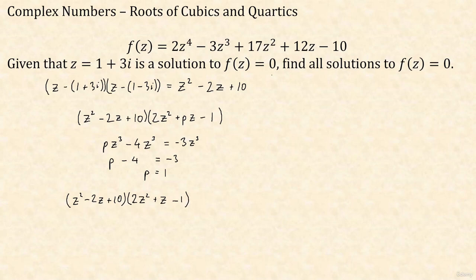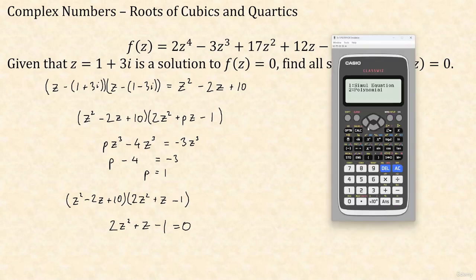So if I want to find all the solutions, well, I already know that 1 plus 3i and 1 minus 3i are two solutions. To find the remaining solutions, I just need to solve 2z squared plus z minus 1 equals 0.